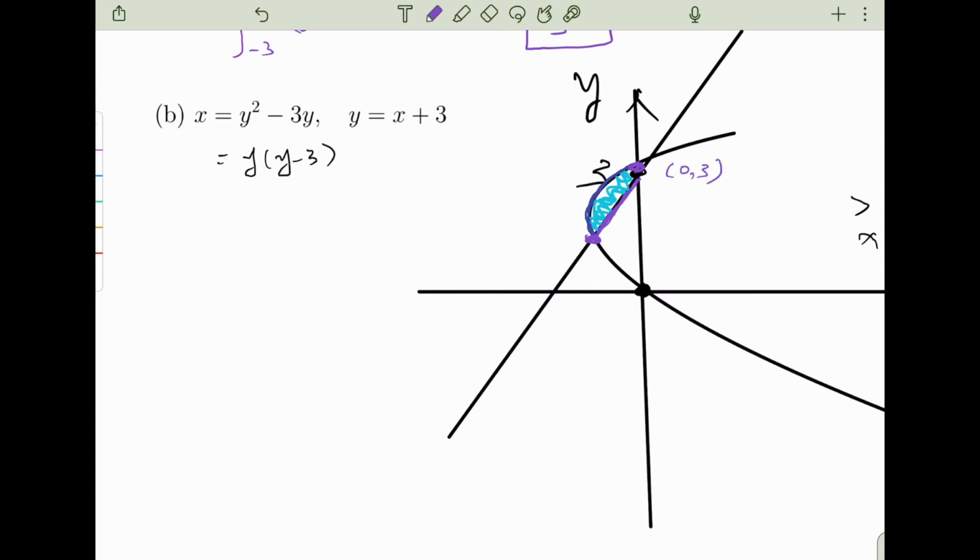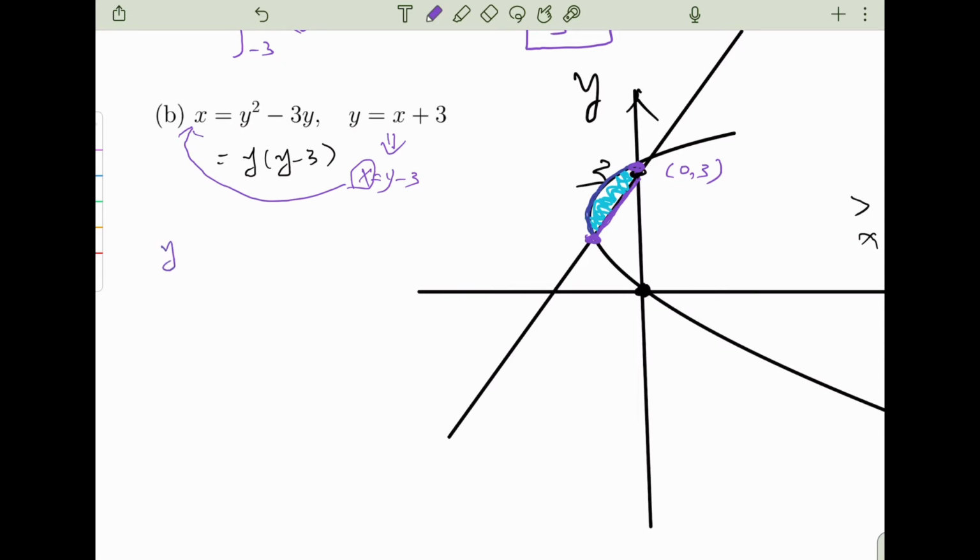Now we plug in x into that equation to solve this. So y is equal to x plus 3, which means that x is equal to y minus 3. Okay, plug this x equal to y minus 3 into here.